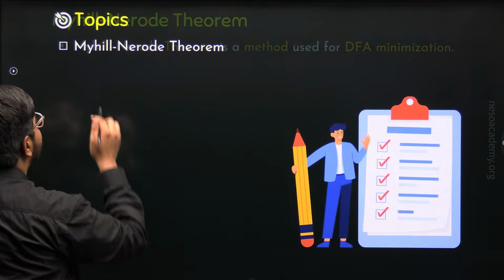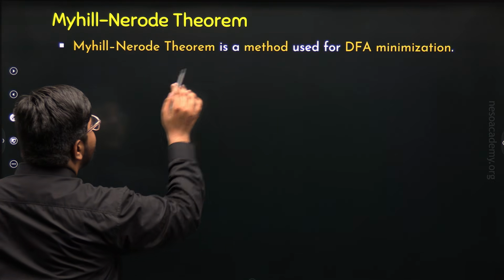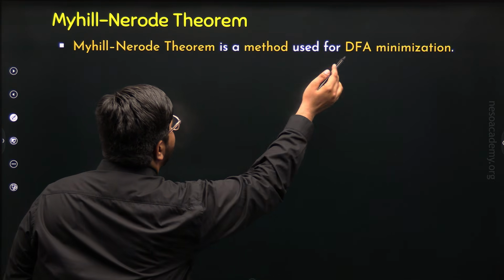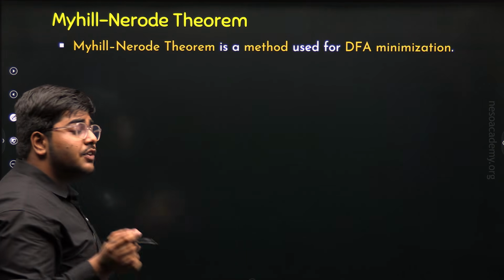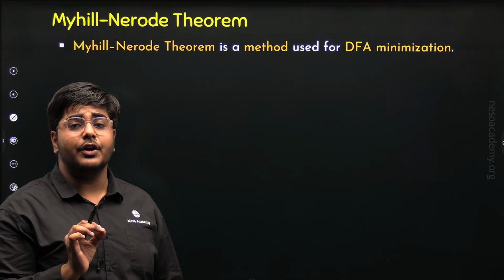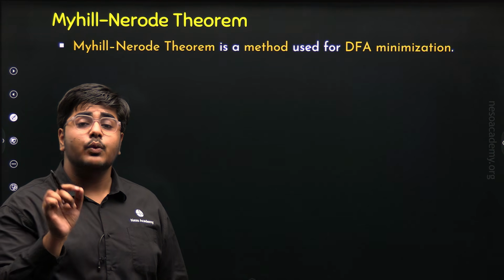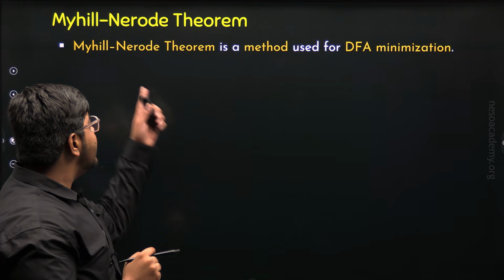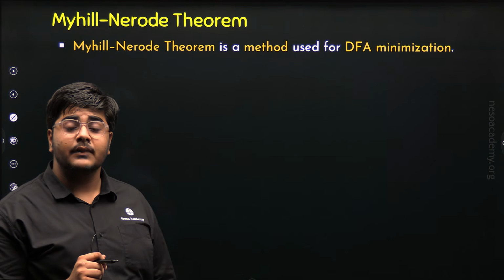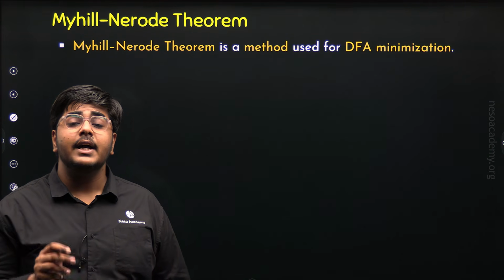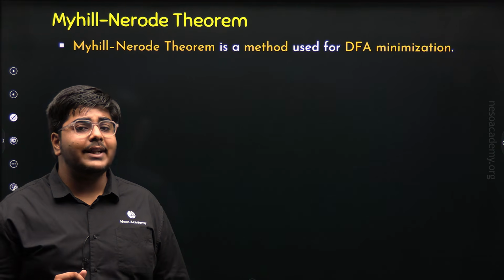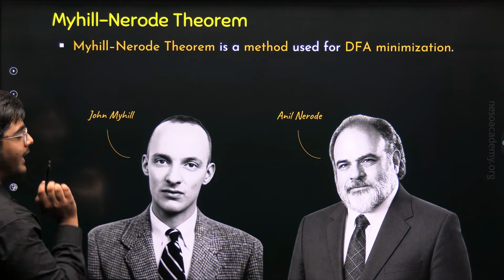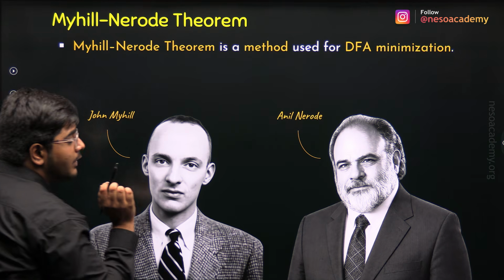Let's get started. Myhill-Nerode Theorem is a method used for DFA minimization. So the first method was the partitioning algorithm, and the second method, which is used to minimize a deterministic finite automata, is Myhill-Nerode Theorem. It is named after two mathematicians, John Myhill and Anil Nerode.